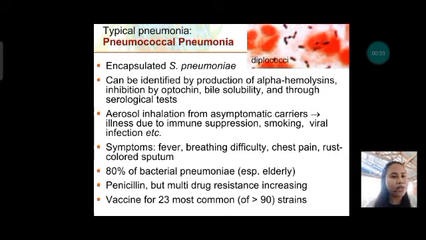So the mode of transmission is through aerosol inhalation from asymptomatic carriers, which may cause illness due to immune suppression, smoking, or viral infection.